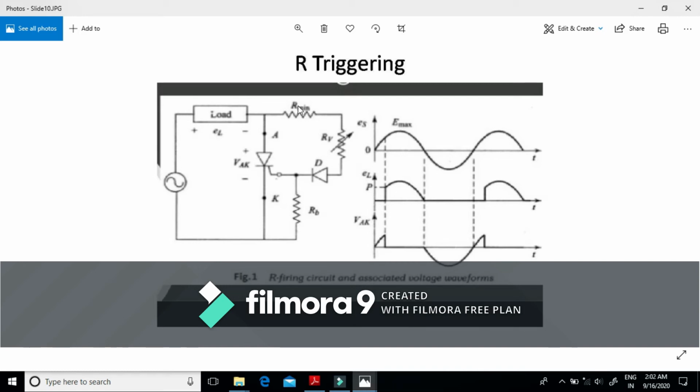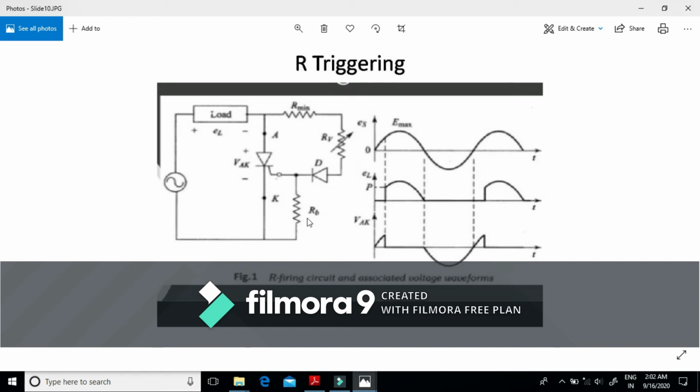And this is the thyristor, and this represents the AC triggering circuit, which consists of this R minimum resistor and this variable resistor. This is the diode. The main function of this diode is to prevent the flow of current during the negative cycle, so the triggering current flows only through the positive cycles.